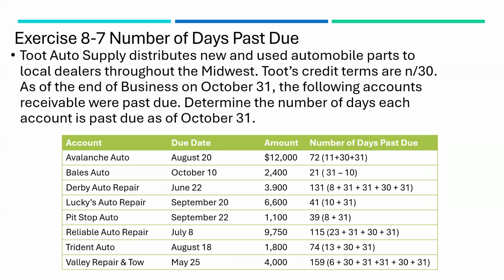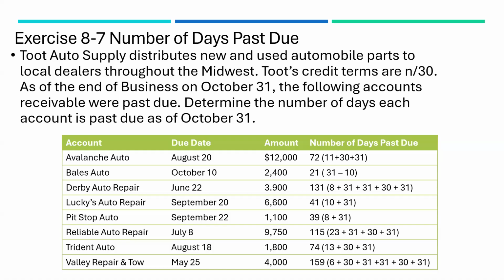And so we can calculate the amount of days past due. October 10th is only 21 days past due because it's October 31st right now. But August was 74 days ago, May 159 days ago. So we calculate our days past due based on the due date, not the invoice date.